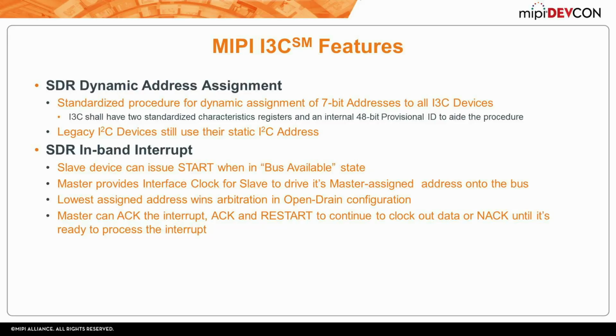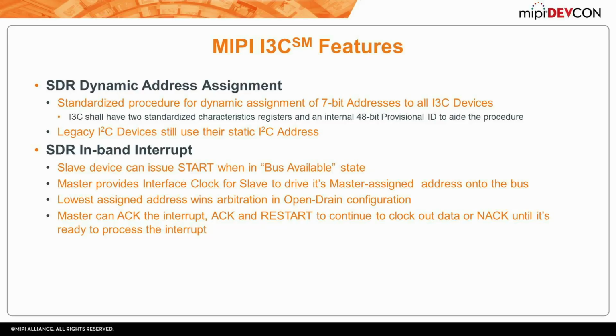There's priority in these interrupts. So the master assigns the I3C device an address, and what that number is will arbitrate if an interrupt occurs or 2 interrupts occur at the same time on the bus. So the device with the lowest address will get priority through the interrupt process.